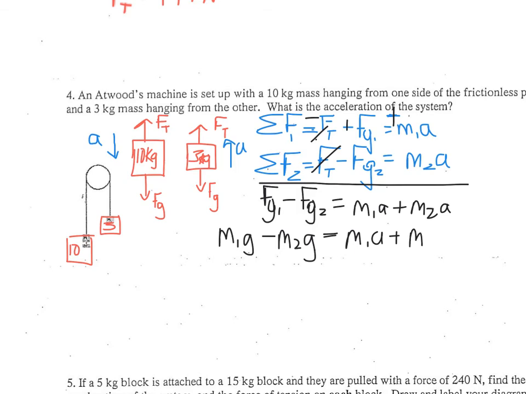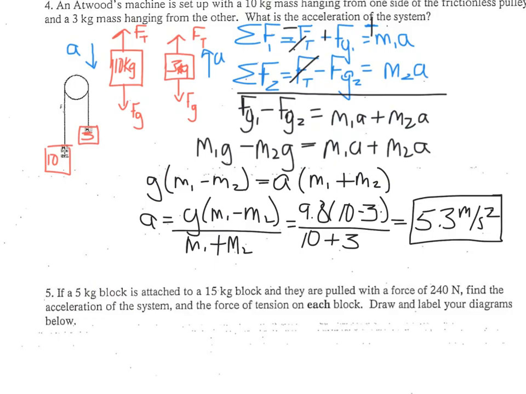And now we just go through and use algebra and solve. So remember again that your 10 kilogram object would have a negative acceleration because it's going downward, and your 3 kilogram block would have a positive acceleration because it's going upward.